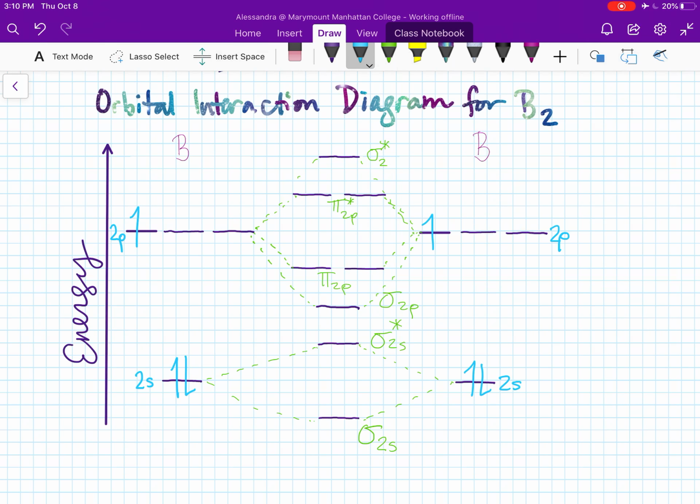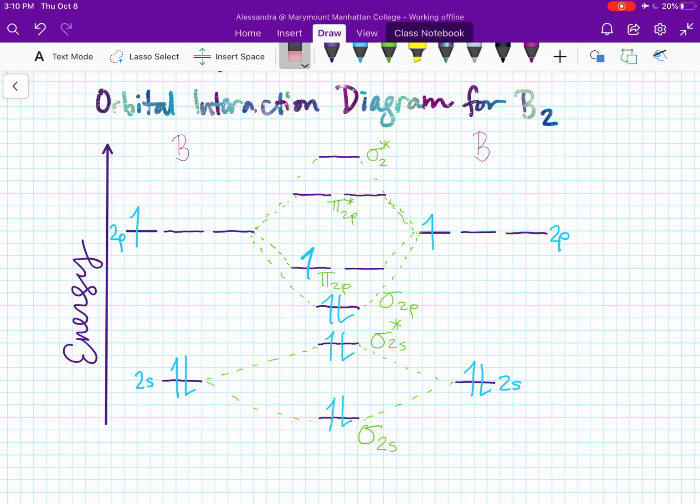Now, let's take those 3 plus 3 equals 6 valence electrons from the 2 borons, and fill up the MOs according to Aufbau's principle and Hund's rule. So we have 6 electrons, 1, 2, 3, 4, 5, 6, 7, 8. Oops, too many electrons, right?